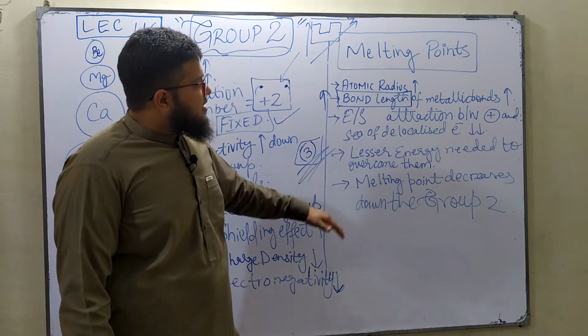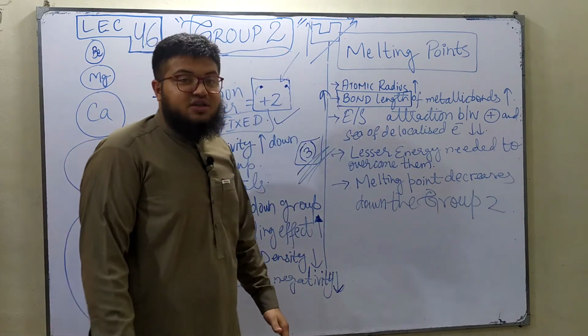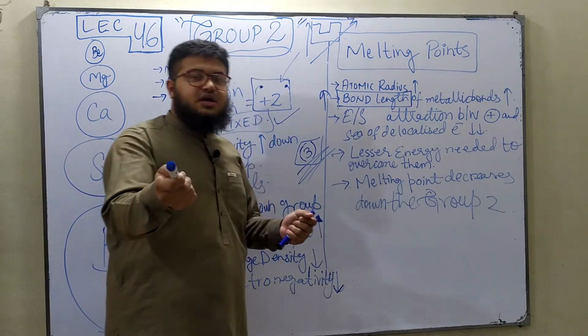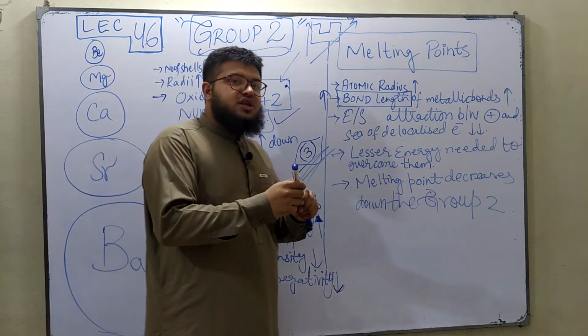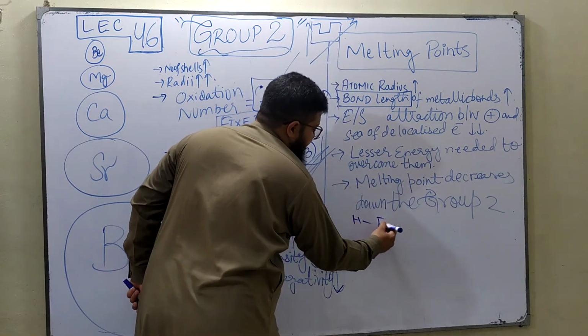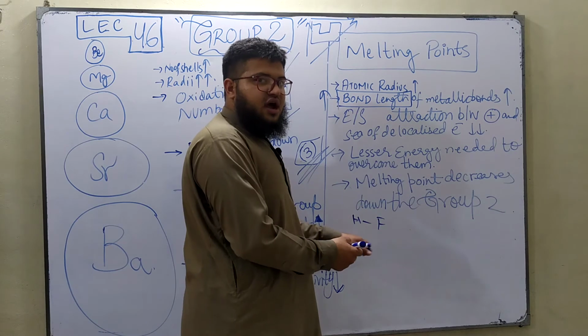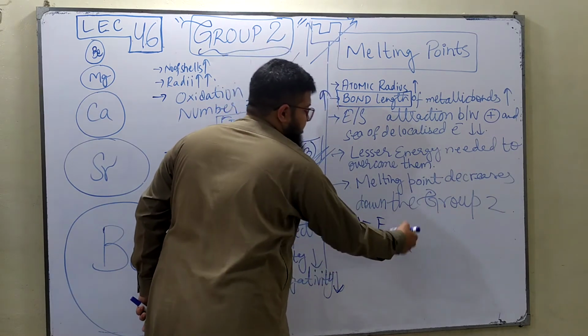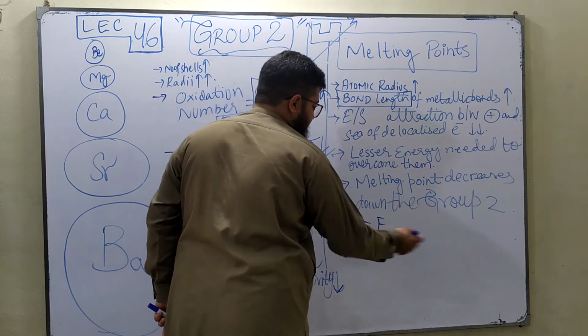A similar concept applies on the bond energies of halogen acids as well. Let's assume we start out from HF. HF is one halogen acid, hydrofluoric acid. Then comes HCl. Cl has a larger chlorine atom, so the bond length is greater.